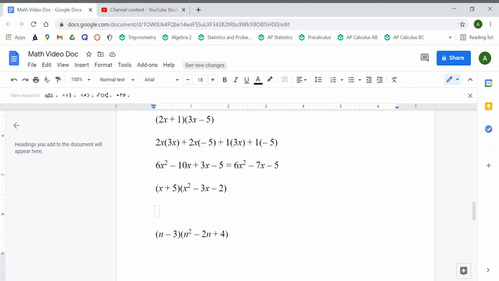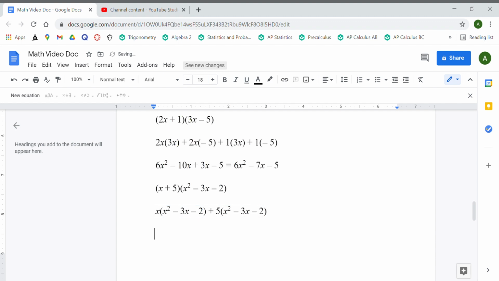Okay. So we're just going to take the first term of the first polynomial. It's going to be x times the entire trinomial, x squared minus 3x minus 2, plus 5 times x squared minus 3x minus 2. And then we use the distributive property again.